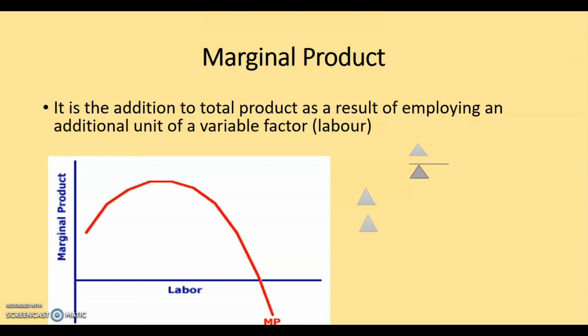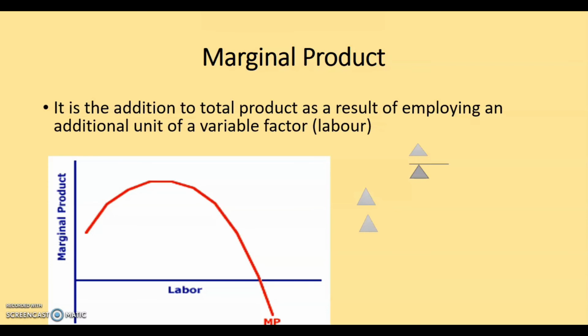A typical example is, let's assume that you employ 5 people, and the 5 people are able to give you a total product of, let's say, 100 units. Then you want to increase your production. So you employ an additional person, making 6.